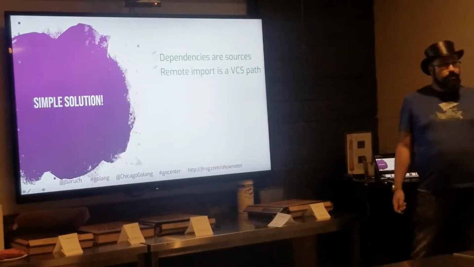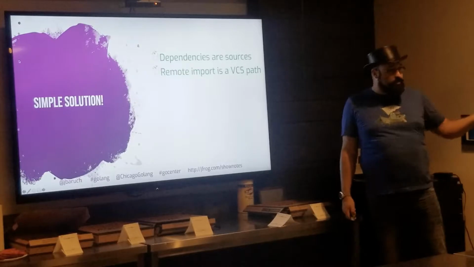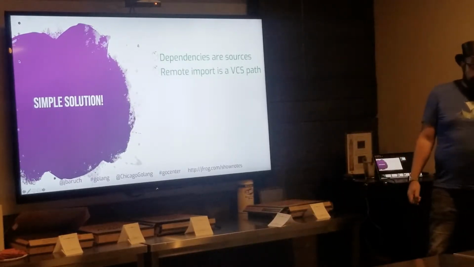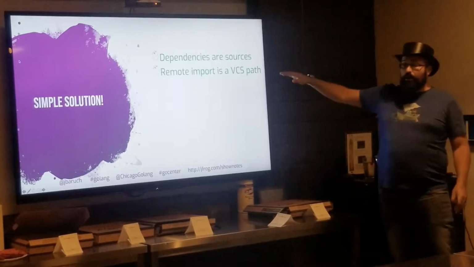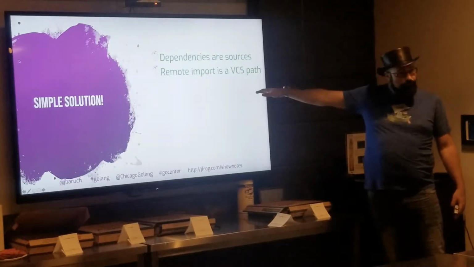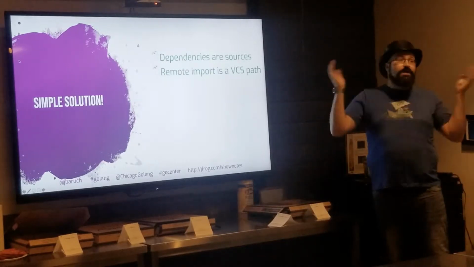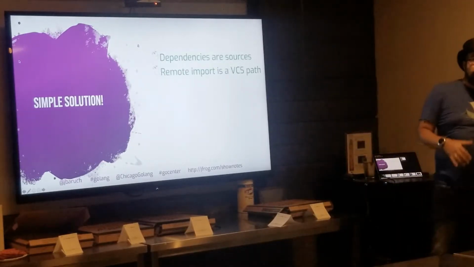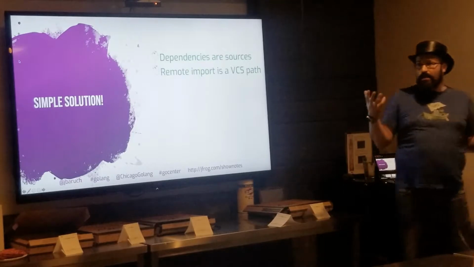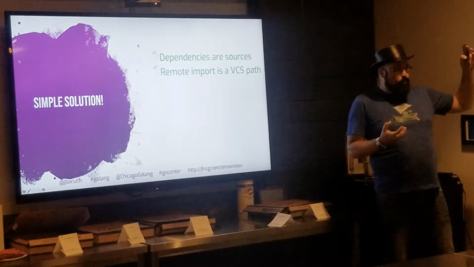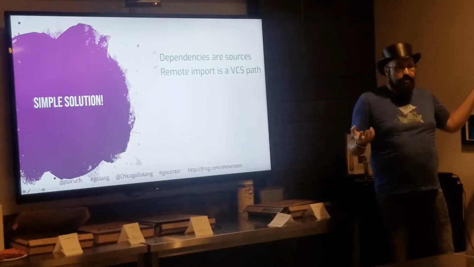The import that we add in our source code when we want to declare that we are going to use third-party code is actually a URL of a version control, right? And that also solves a bunch of problems of how do we correlate the name of the package with a unique ID of this package, right?